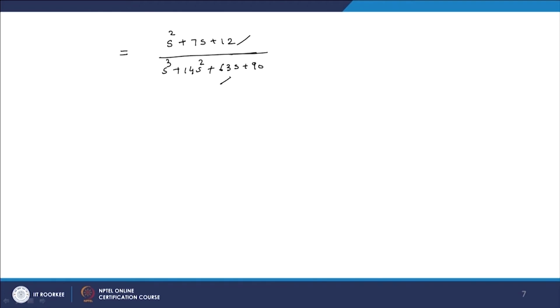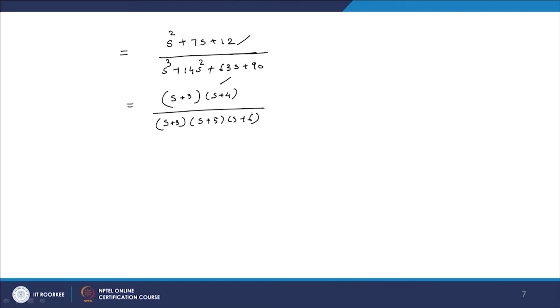So the roots of the numerator here are s plus 3, s plus 4. Now about the denominator, the roots of the denominator are s plus 3, s plus 5, s plus 6.